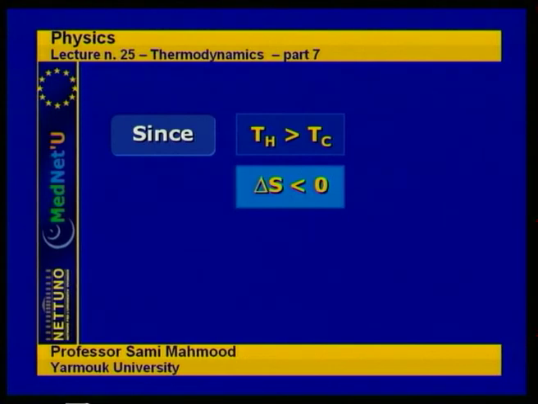And thus, we obtain a result that tells us for a perfect refrigerator, the total entropy of the system consisting of the refrigerator, the high temperature reservoir, the low temperature reservoir, and the working substance, this total system, experiences a decrease in the entropy per cycle, every cycle.